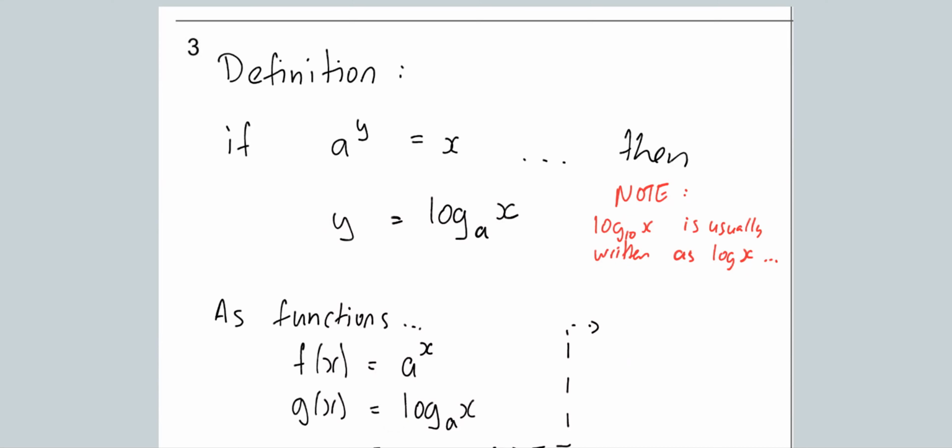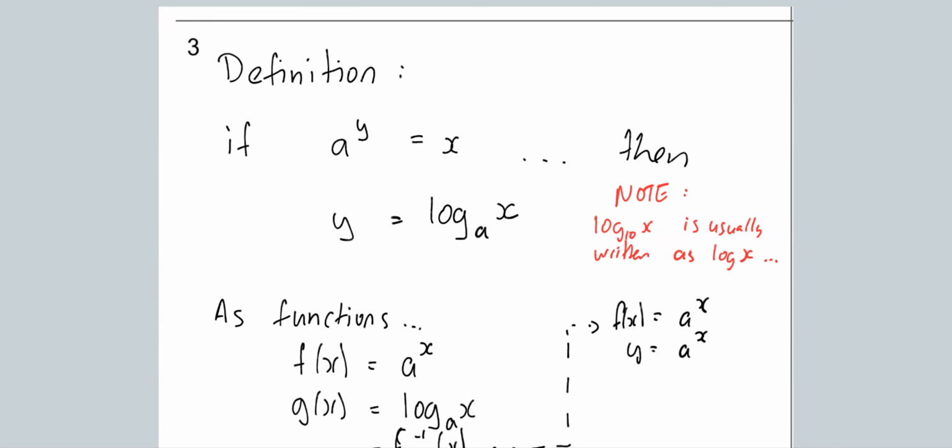Now, I want to just spell that out a little bit. If I look at the inverse function, that's equal to the inverse function of x. So log base a of x is the inverse function to a to the x, okay? And I'll show you that it works. If I have f of x equal to a to the x, then we write y equals a to the x.